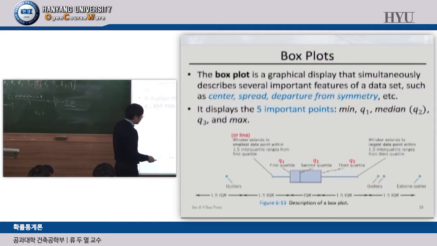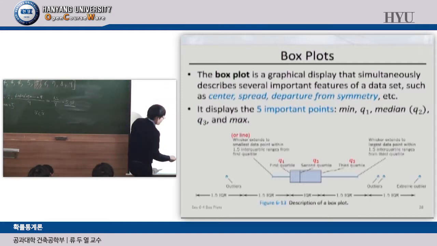So, based on this largest data point, we can draw this line. Beyond this 1.5 times interquartile range, we normally provide this information by just that.